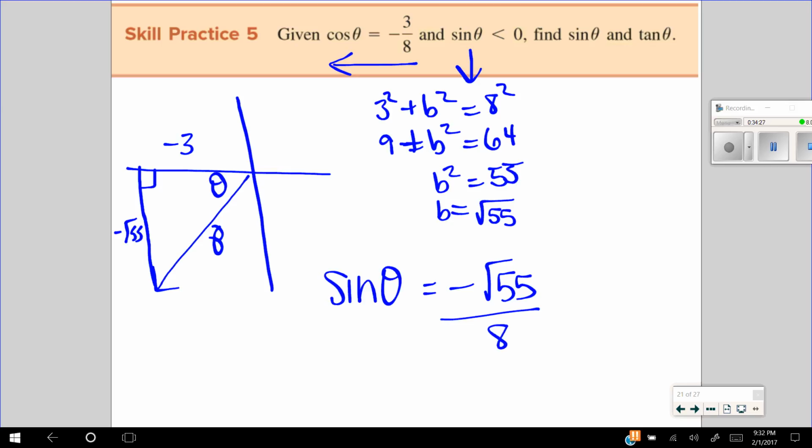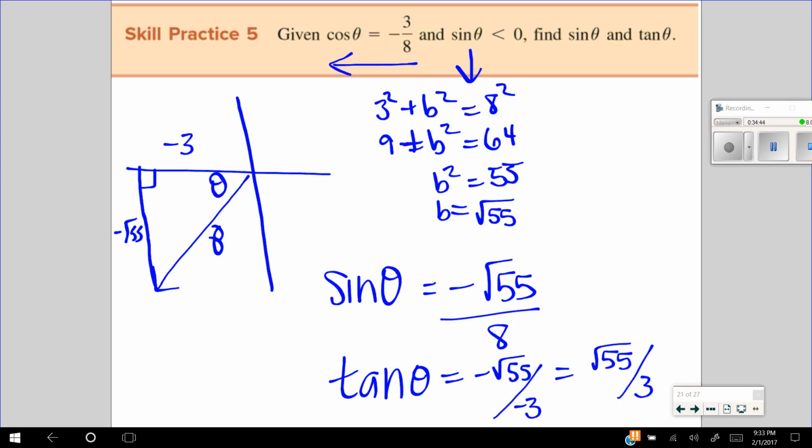Cool? Tangent of theta is the opposite, negative square root of 55 over the adjacent -3. Only thing I'm going to fix here is that negative over negative is positive. Okay? Pretty simple. Last type of example here. Okay?